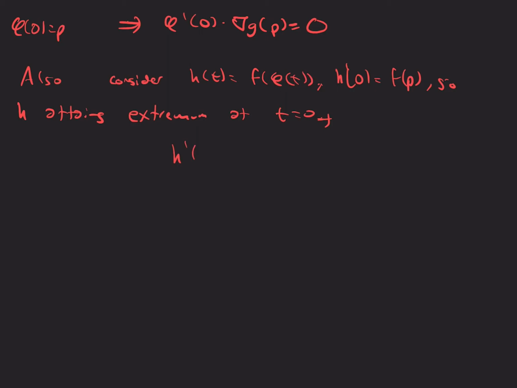That tells us that h prime of 0 is 0, and h prime of 0 in particular, just by the chain rule, is phi prime of 0 dotted with the gradient of f of p, which is 0.